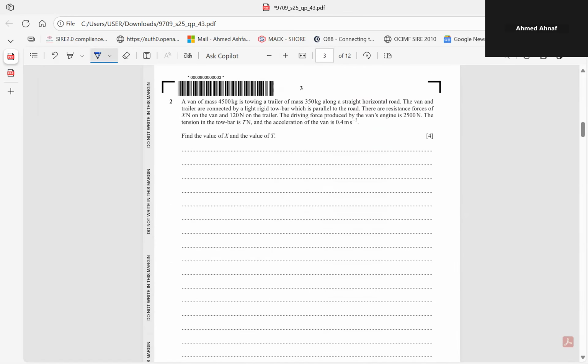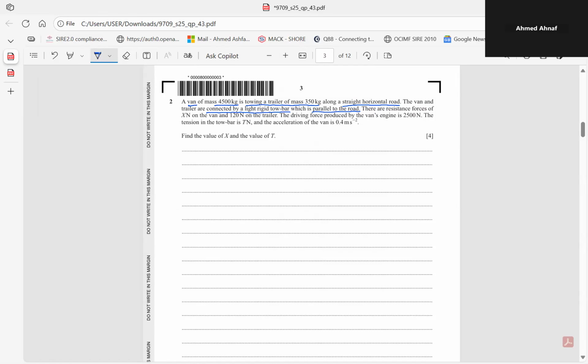Okay, so for this question, we're told that a van of mass 4,500 kg is towing a trailer of mass 350 kg along a straight horizontal road. The van and the trailer are connected by a light rigid tow bar which is parallel to the road.